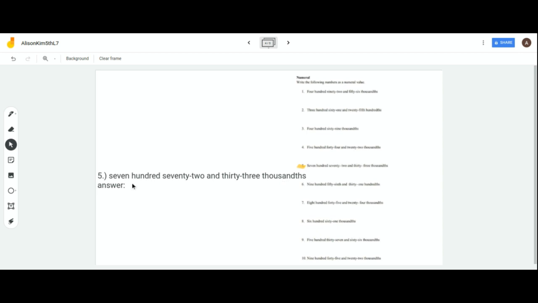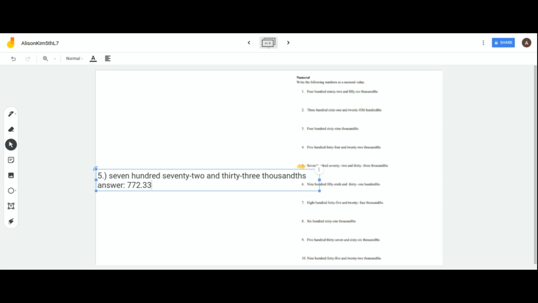So 700, obviously that's going to be our top number, so 7. Then we're given 72, so 70 is 70, so we're going to put right here in the second place, and then 2, which is the ones place, okay? And we said that "and" was the decimal point, so we're going to put the decimal point right there. When we look closely here, we don't want to make the mistake of putting 33, okay?